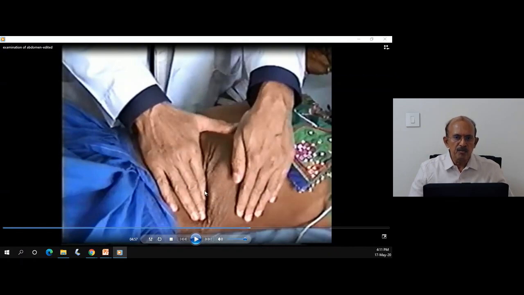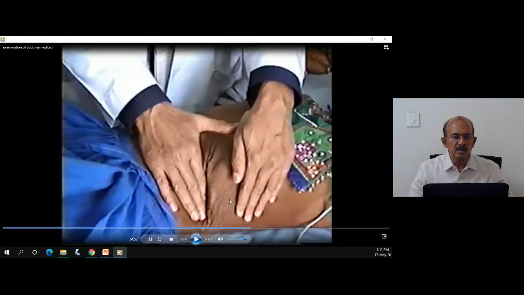Then insinuate the fingers of the right hand deep under the costal margin. Ask the patient to take deep inspiration. Then your hand will be touched by the spleen, and you can know whether the spleen is enlarged or not.